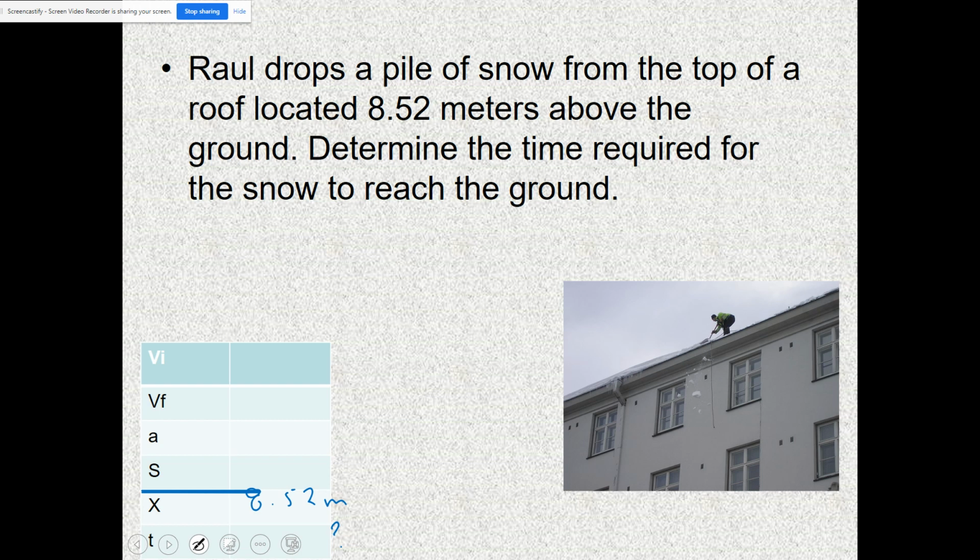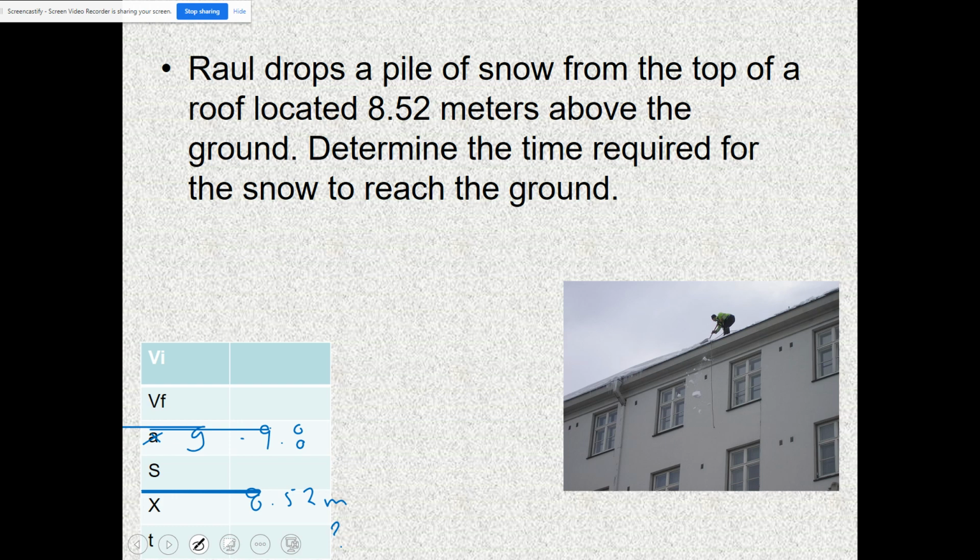They gave us the distance, they didn't give us the time. But you know what? We know that it's falling. So we know what the acceleration is. Anytime something is falling, the acceleration is always 9.8 meters per second squared. You can put a negative on there if you want to. It's up to you what you want to use.